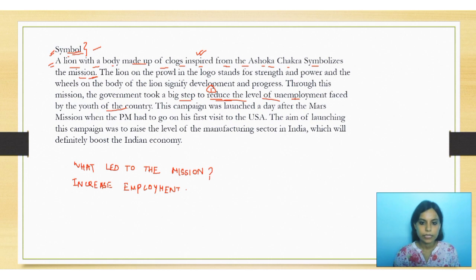Next, the aim of launching this campaign was to raise the level of the manufacturing sector in India, which will definitely boost the Indian economy. So this was the ultimate aim. About its aims. All right. Again, you can mention about the aims.